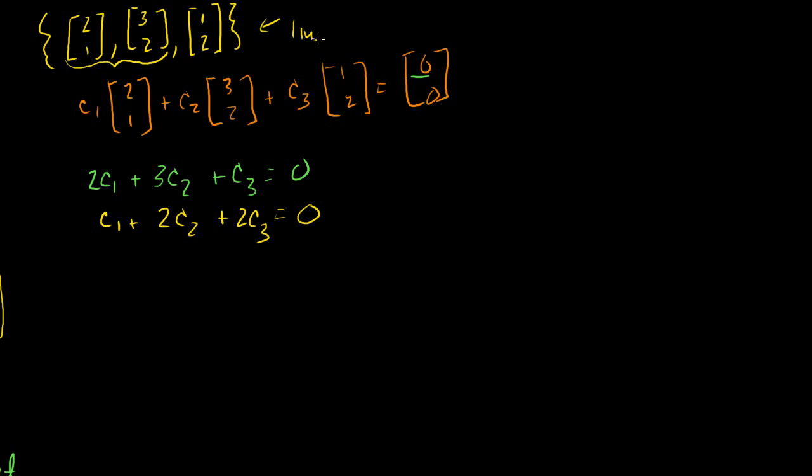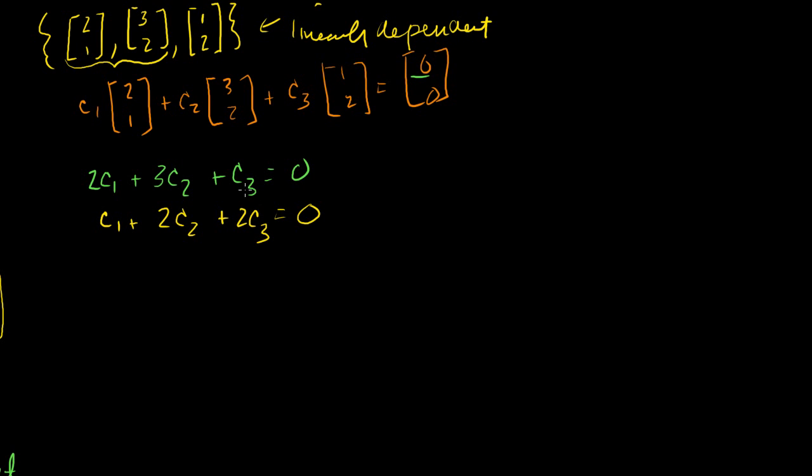But I'm going to show it to you using our little theorem here. I'm going to show you that I can get non-zero c3s, c2s, and c1s such that I can get a 0 here. If all of these had to be 0, I mean, you can always set them equal to 0, but if they had to be equal to 0, then it would be linearly independent. But let me just show you.